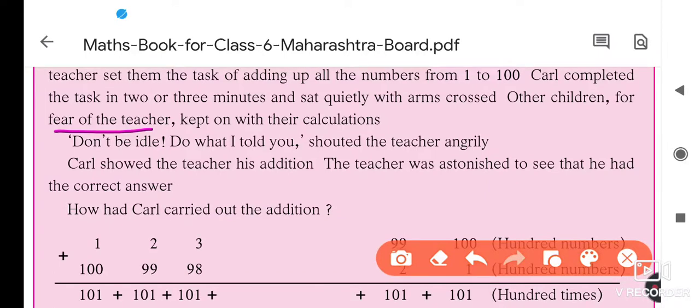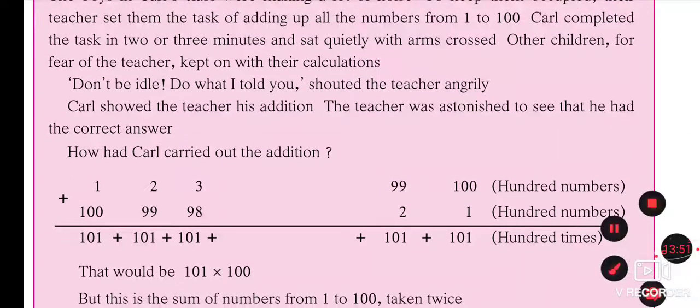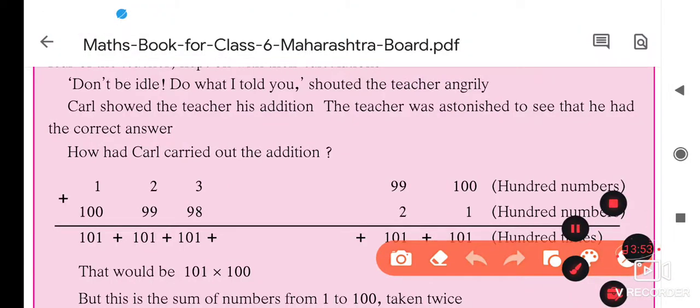What is given here: Carl completed this task within 2 to 3 minutes and sat quietly with his arms crossed. He folded his hands and sat quietly. Other children, for fear of the teacher, kept on with their calculations, because this work cannot be finished within 2 to 3 minutes.